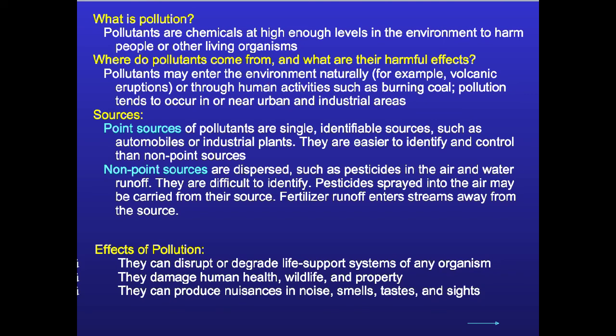Certain pollutants can enter naturally, while others are human-induced, such as burning coal to release sulfur that forms sulfuric acid and causes acid rain. Or, going back to the natural ones, volcano eruptions. There are two different types of pollution sources, point source and non-point source, but we'll get into that more in later chapters.